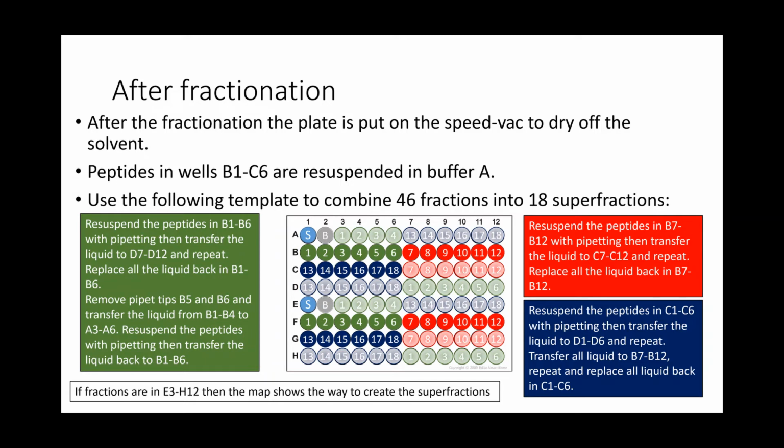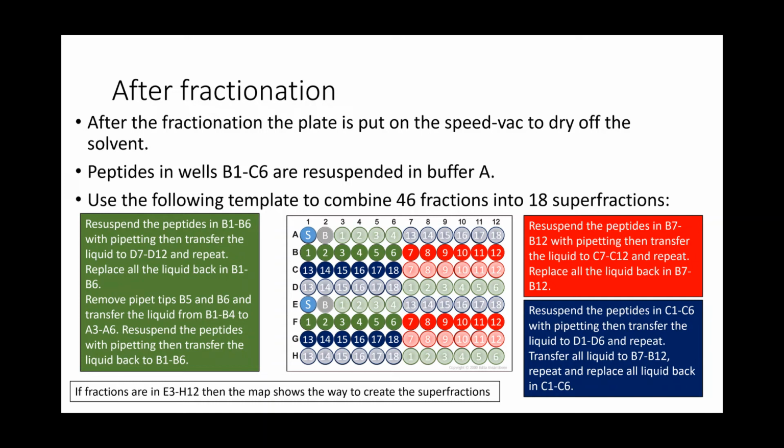And then we're going to resuspend those peptides 6 at a time. We're going to use a multi-channel pipetter, resuspend the peptides by pipetting up and down, and then take the liquid out of B1 through B6 and put it into 7 through 12, resuspend those peptides, and then put the liquid back into B1 through 6 again.